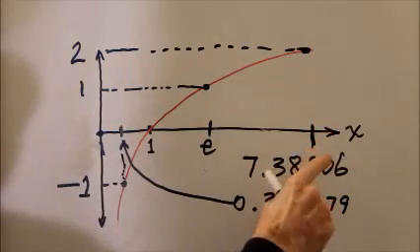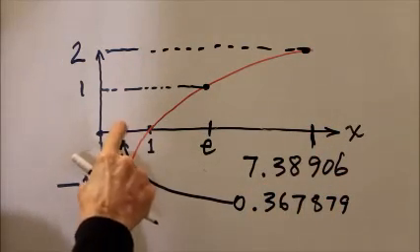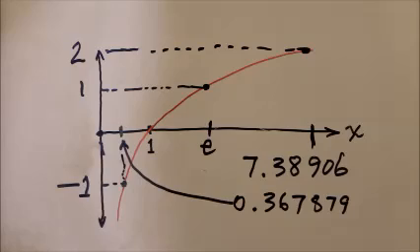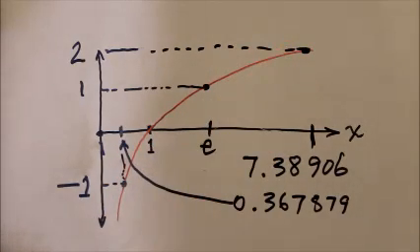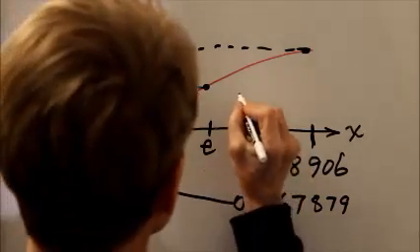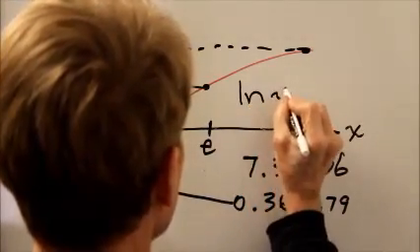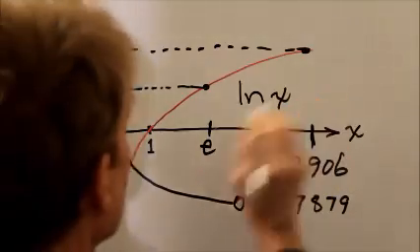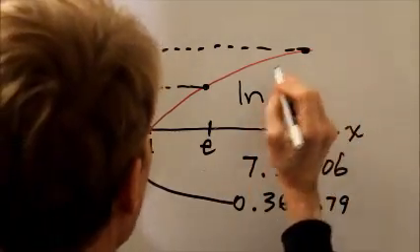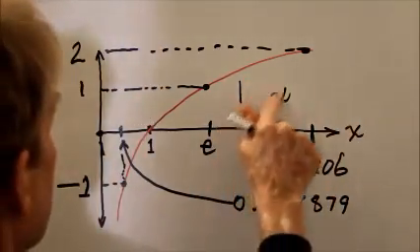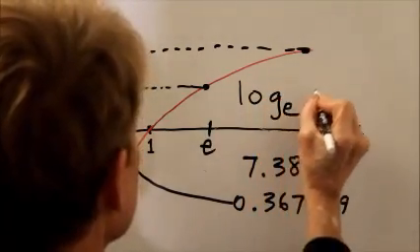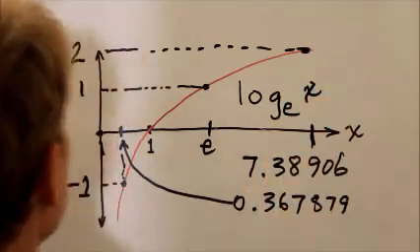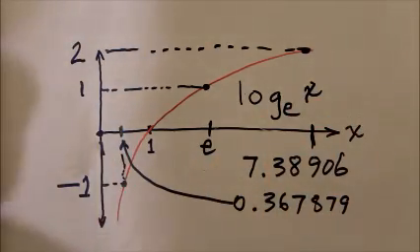This value out here would be 100, and this value right here would be 1/10. But otherwise, the curve has the same general contour. So if we're talking about the natural logarithm of x, we can also write that as log base e of x. And in fact, sometimes you will see it written that way.